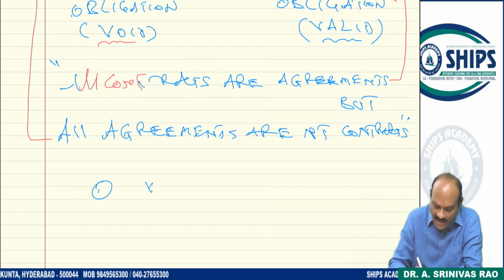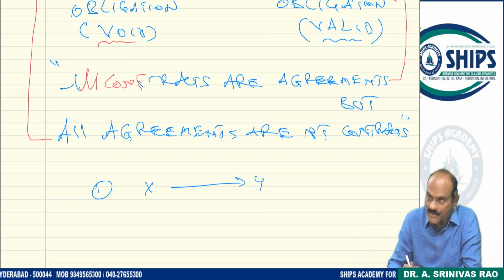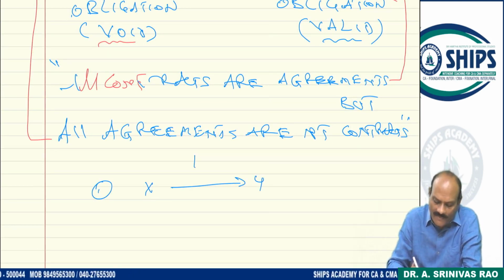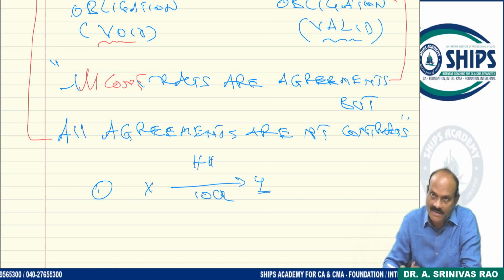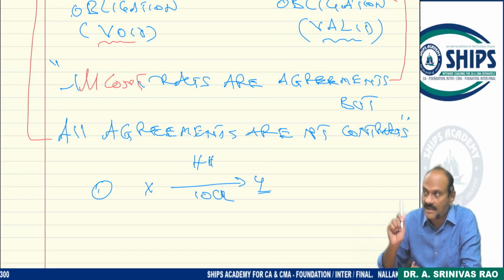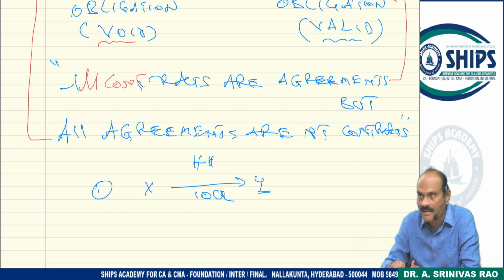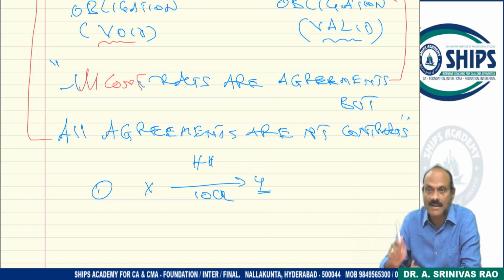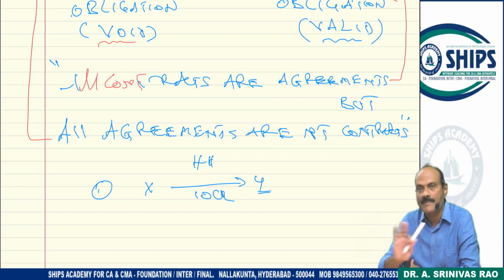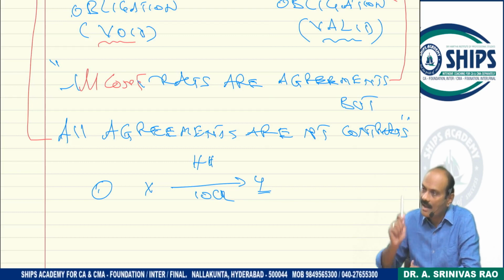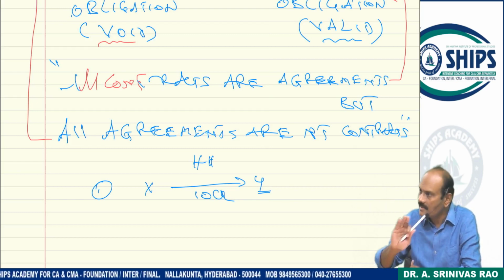First example, as we already know, X made a proposal to Y. Hey, will you buy my Himayat Nagar house for 10 crores? He said yes. Offer, acceptance, agreement, sale of the property, legal. Parties are intended to create a legal relationship. Here it is a contract. All contracts are by default agreements.